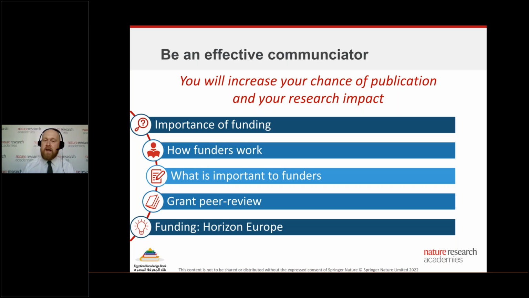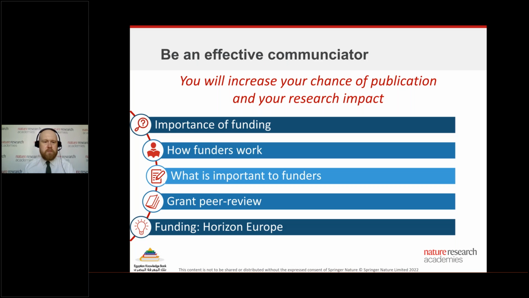And what important aspects of a proposal will grant reviewers be looking at to establish the suitability and feasibility of a proposal? We'll finish today by looking at some useful funding opportunities available to Egyptians, and this will mostly be focused on Horizon Europe.